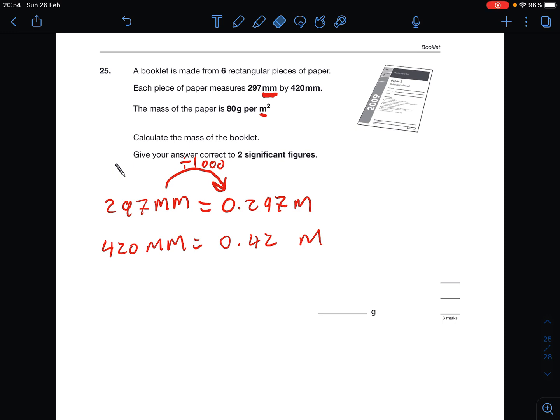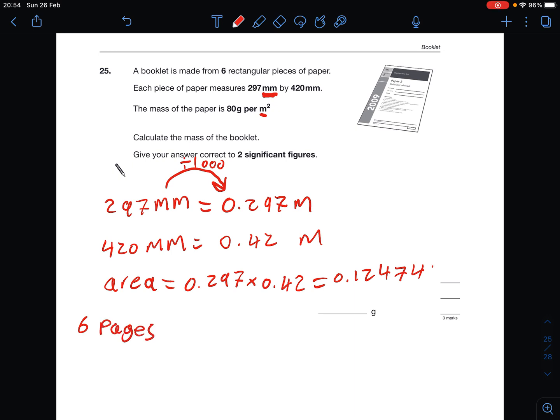So the area of one page is going to be 0.297 times 0.42, which is 0.12474. Now, we have 6 pages, meters squared. 6 pages is going to be 6 times that, 6 times 0.12474. That gets me 0.74844.